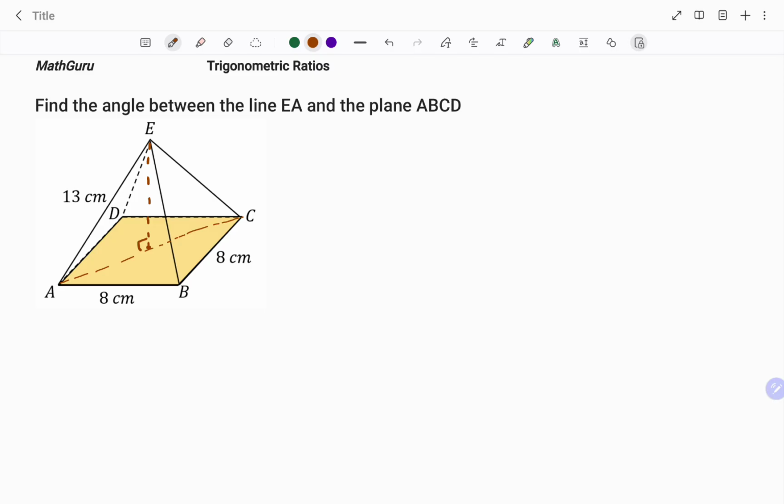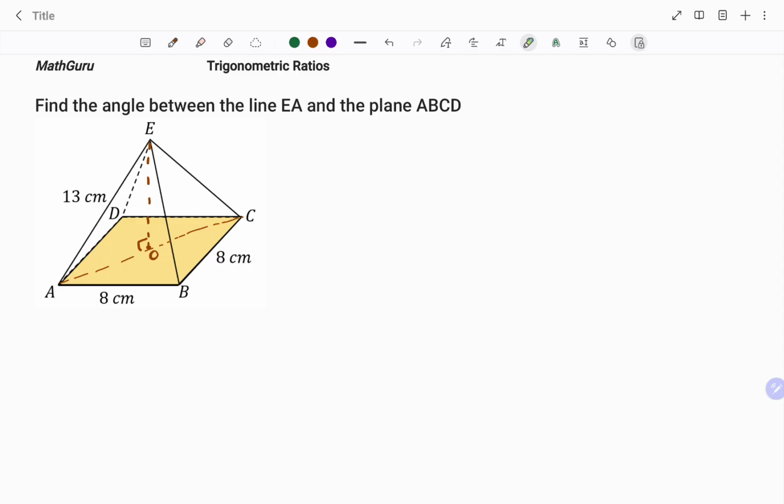I'm going to call the middle point O. In order to find AO, I need to find the total distance or the diagonal AC. Because the plane is a square, as the dimensions are the same, 8 centimeters, the diagonals bisect each other. So I just need to find the total distance AC and then divide that by 2.